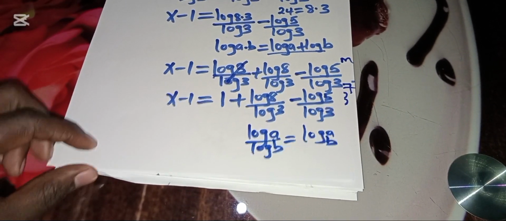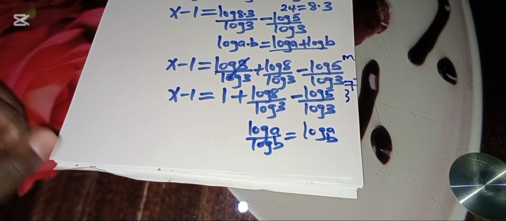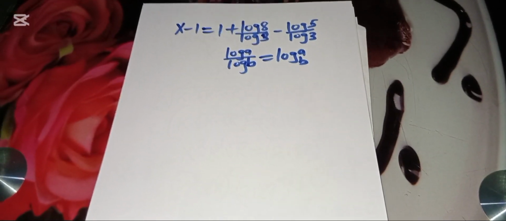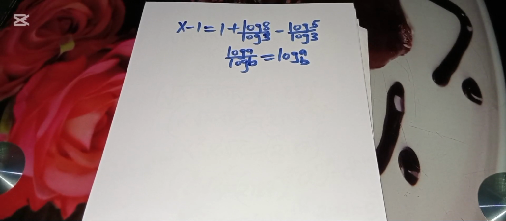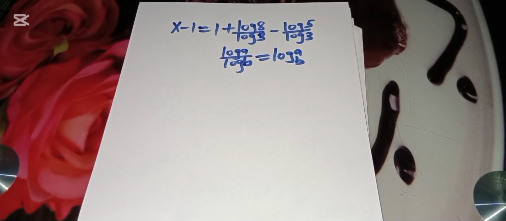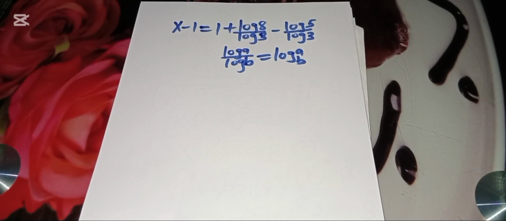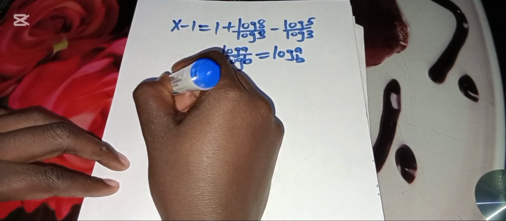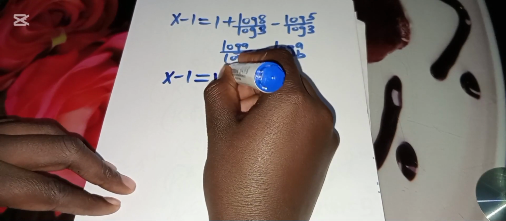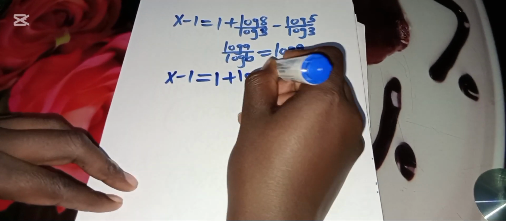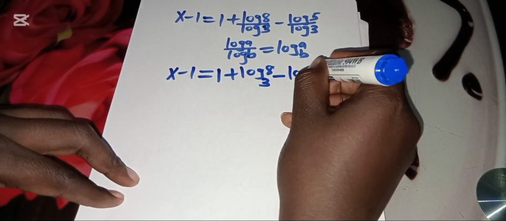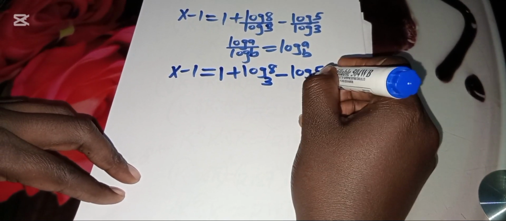So that means x minus 1 is equal to 1 plus log 8 to base 3, subtract log 5 to base 3.